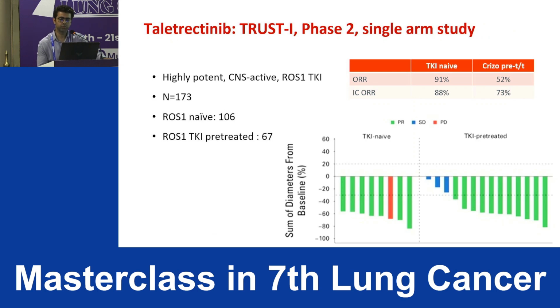The next drug is taletrectinib. The phase 2 single arm study was the TRUST-1 study, and here patients who were previously treated with any kind of TKI, especially crizotinib, were included. The overall response rate in patients in the second line setting was 52%, and the intracranial response was also very good, ranging to 73%.